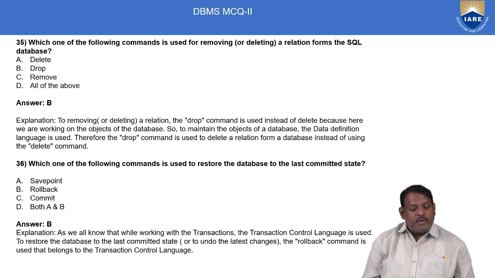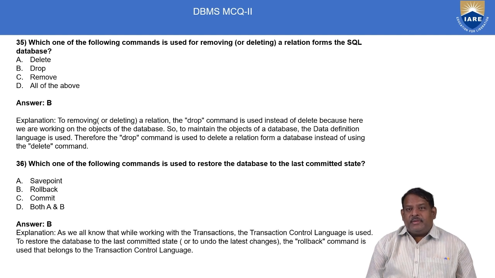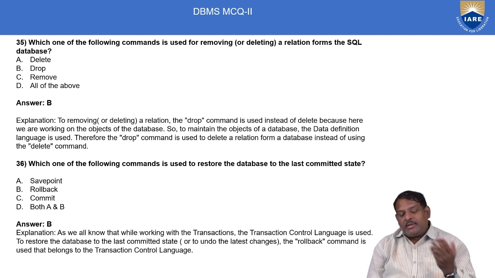So the right answer would be rollback. Once you commit, you cannot undo the changes. If you have started a transaction and in between you say rollback, then your data is taken back to the last state.